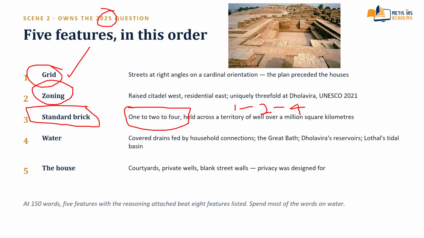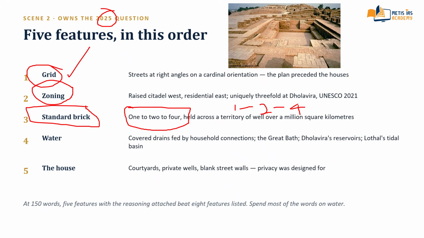And here is the fact that carries the answer. The ratio holds across the entire civilization, over a territory of well over a million square kilometers. Standardization on that scale without any evident enforcing authority is the Harappan signature.